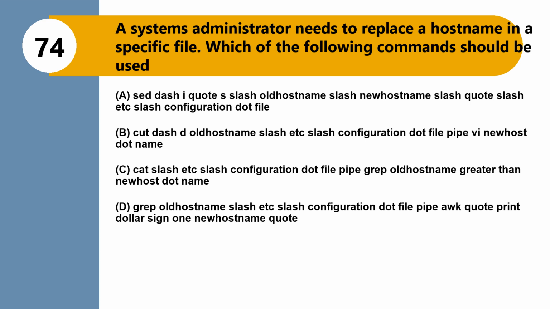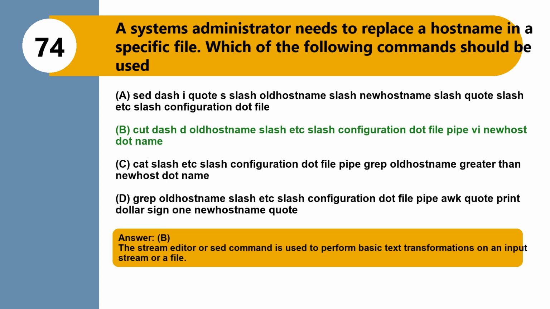Option D. grep old hostname /etc /configuration.file pipe quote print $1 no hostname quote. The correct answer is option B, cut-d old hostname /etc /configuration.file pipe 6 no host.name. The stream editor or sed command is used to perform basic text transformations on an input stream or a file.